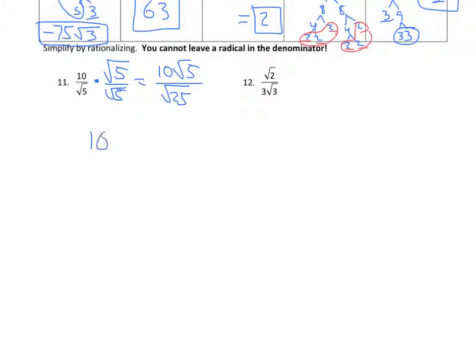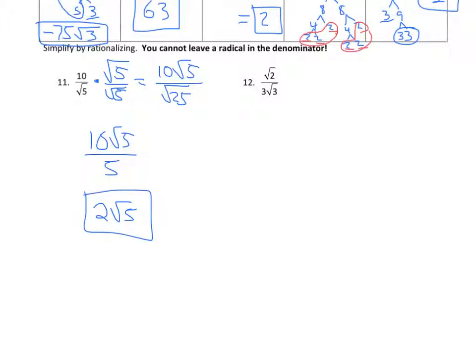So we get 10 radical 5 over 5. That's why we multiplied radical 5 by itself on the bottom, because that will always come out to be a nice whole number without a radical. And now we can simplify the regular numbers. 10 over 5 is 2 over 1, so 2 radical 5 would be our final answer.